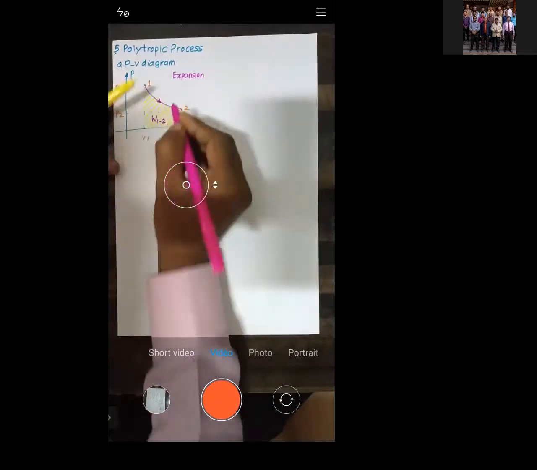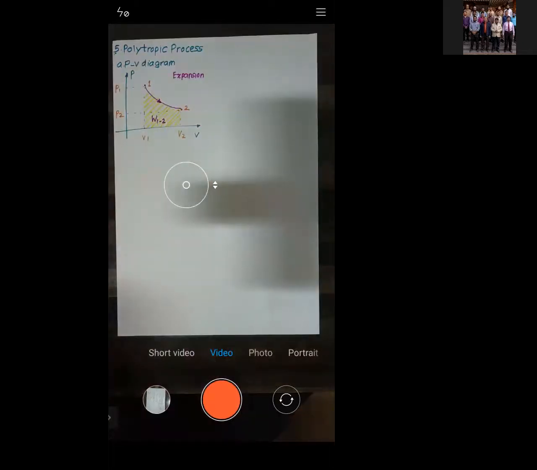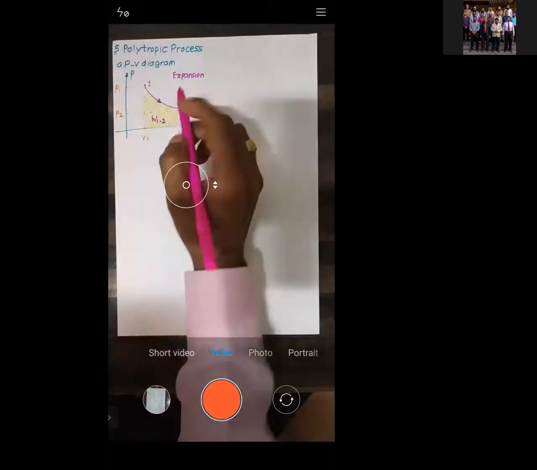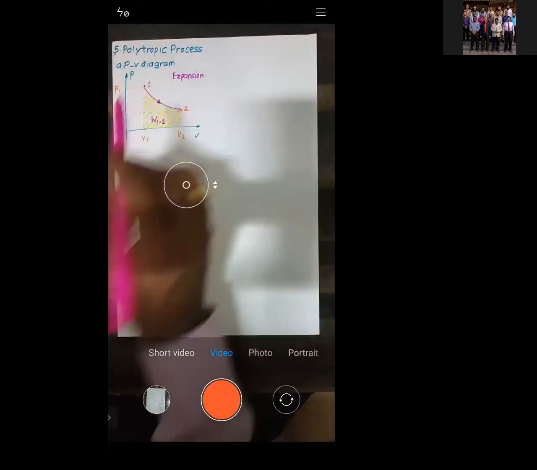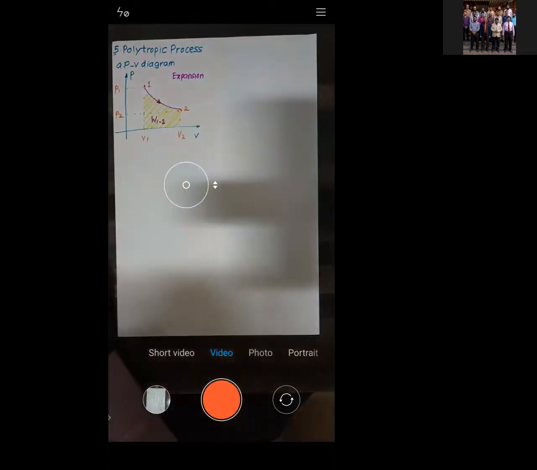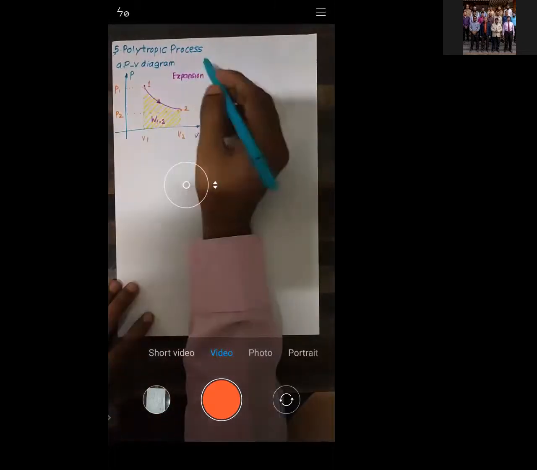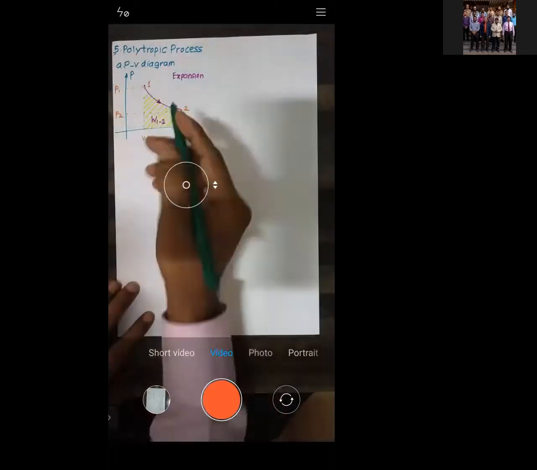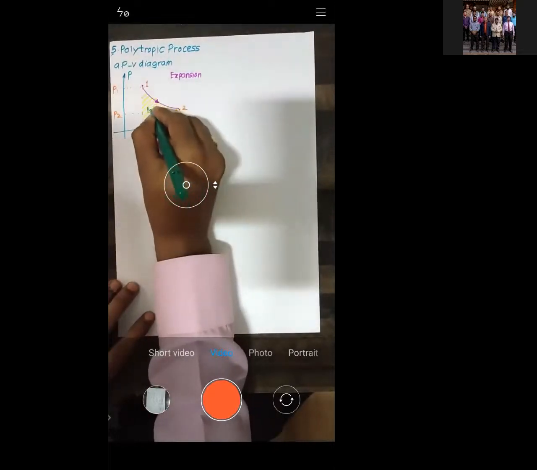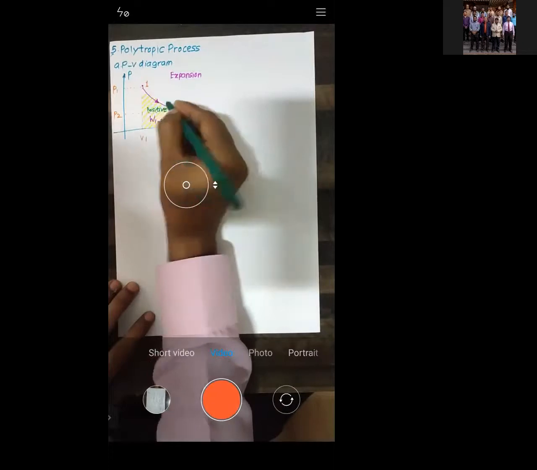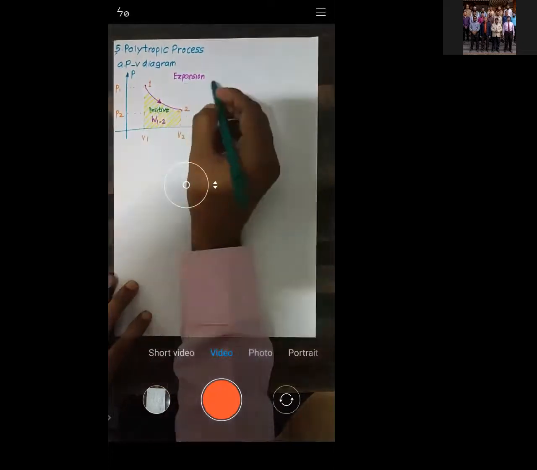When the pressure decreases and volume increases, it's an expansion, and work is always produced during expansion. Whenever work is produced, it is taken as positive, so this work will be positive.